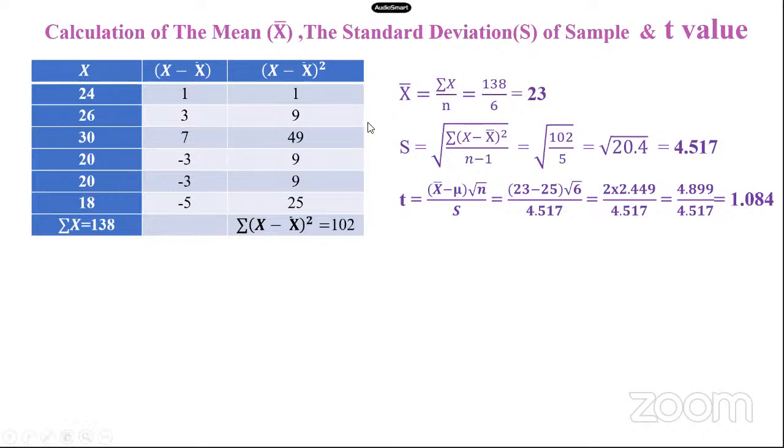This is the mean of the population, hypothetical mean 25 into under root size of sample n is 6 divided by s. S means just calculated the standard deviation value 4.517. Now go to the calculation. Take just the difference instead of sign.